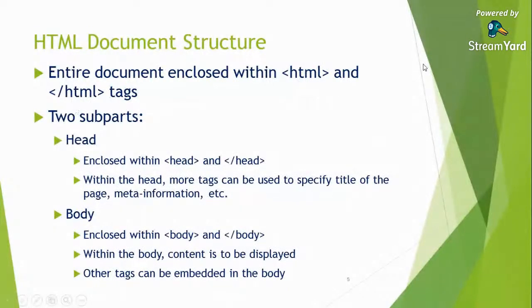This is a container tag. What is a container tag? Container tags are those tags which have an opening as well as a closing tag. Closing means nothing but preceding with a slash.